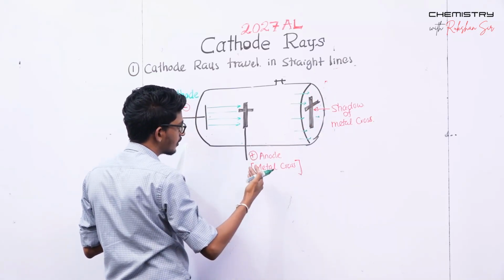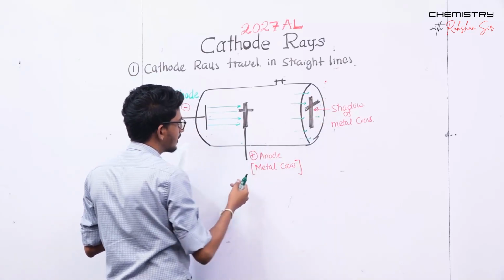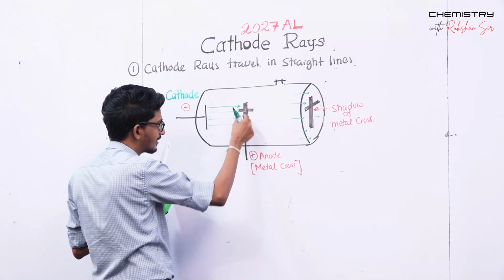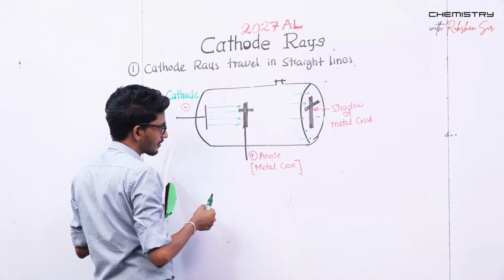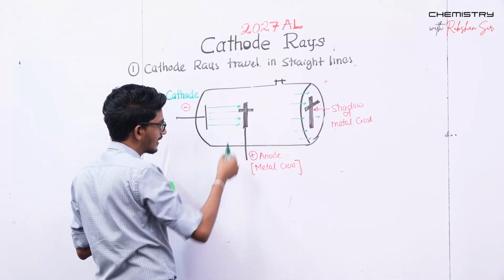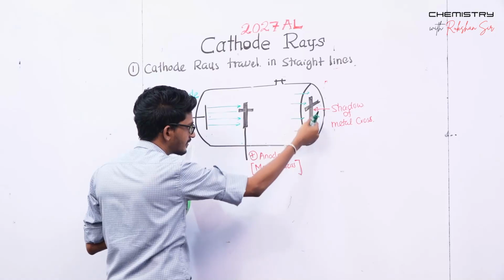But the green color glowing is absent in this area, because those cathode rays came directly towards the cross, stopped at the metal cross, and never went through it, so you won't see any cathode rays come into this area.